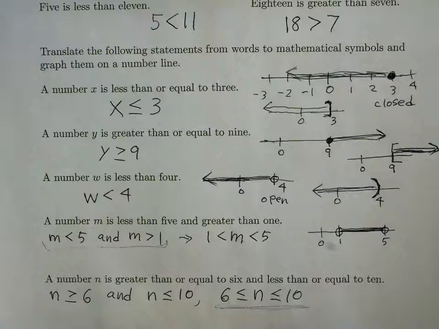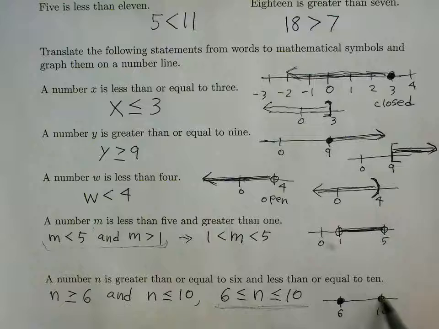Okay, to graph this, then we just plot the numbers 6 and 10. Since the inequalities have the "or equal to" part, that means the endpoints are included, so we put solid dots or closed dots, and then we shade everything that's in between.